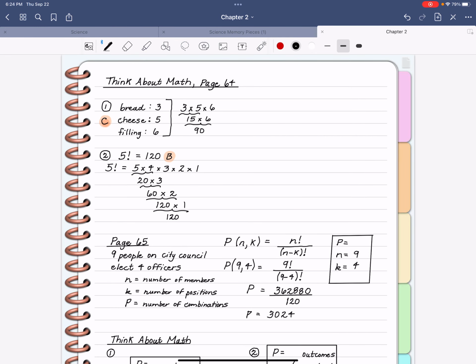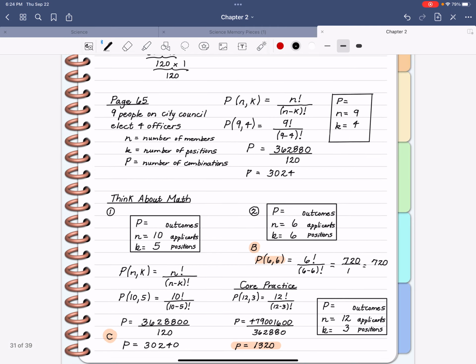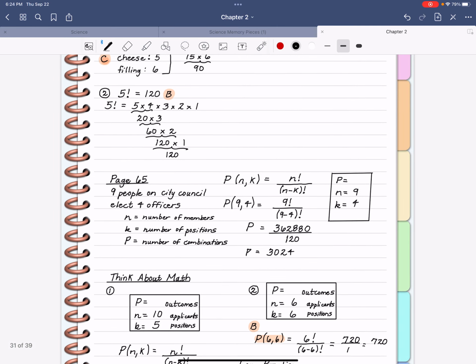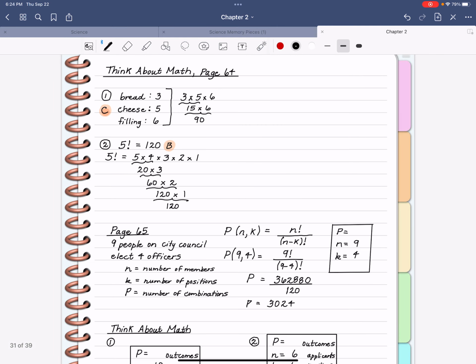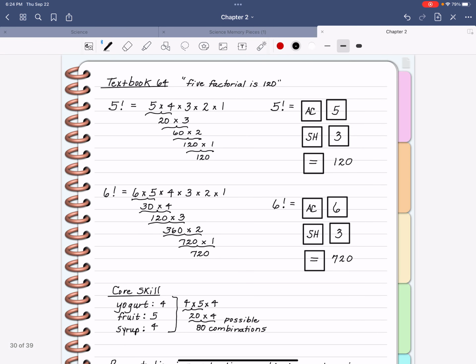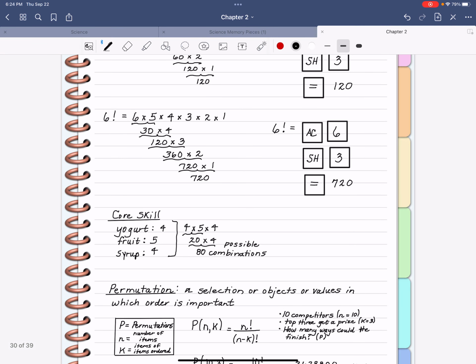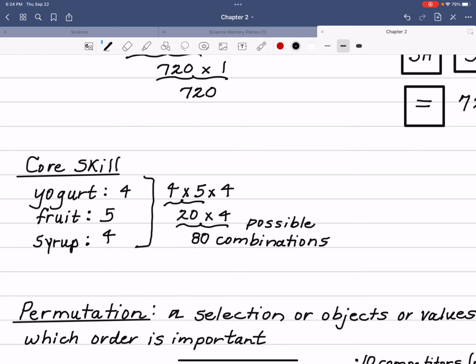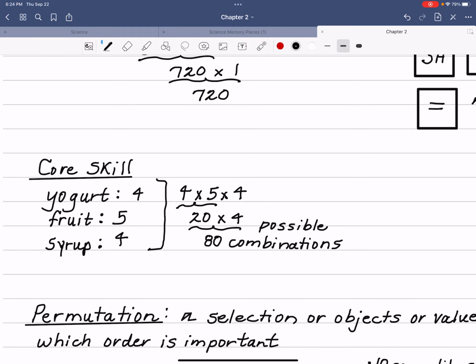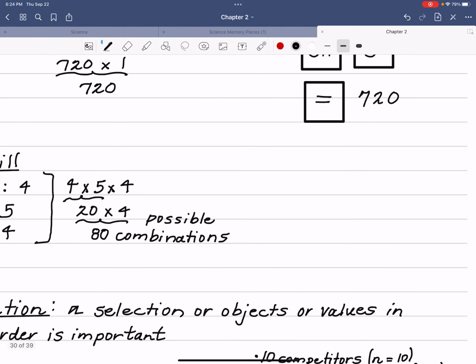I know we did it because I remember doing it. I didn't write it down, so let me give you the name. It's the problem about the yogurt and the fruit and the syrup, but I did not write down the name of the counting principle. I'm sorry, I should have.